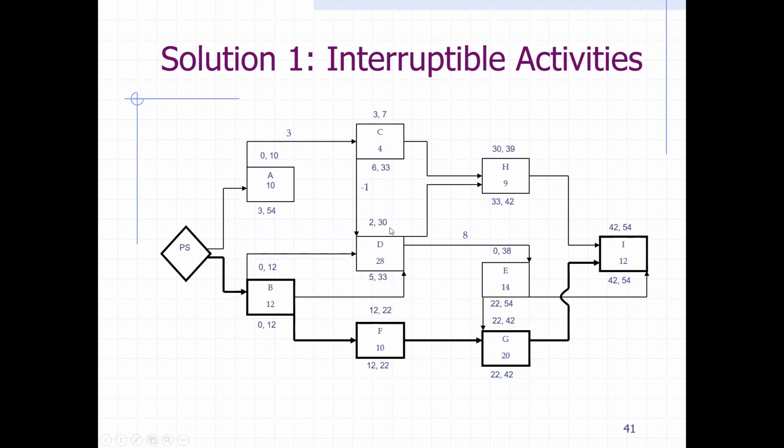Therefore, we have an early finish of 30. Then F is 12, right, from the early finish, with the duration it's 22. And here for H, it is dependent on C and D, but then we take the larger one, which is 30 over 7, so it's 30 with 9, then it's 39.